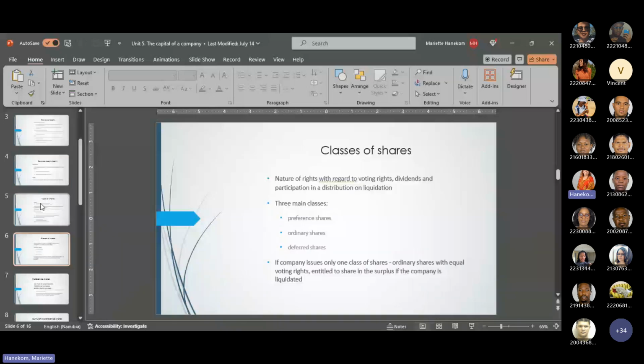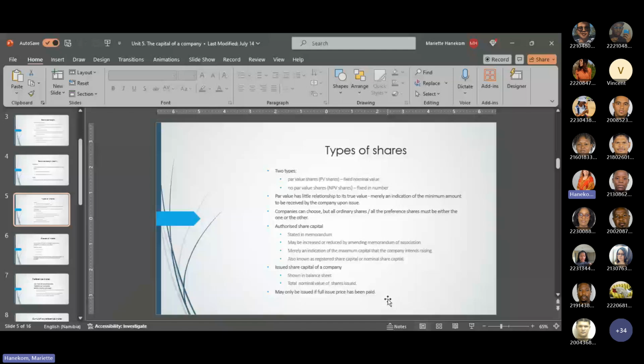The authorized share capital, that is the maximum amount of shares that may be sold by the company. It is contained in the memorandum. The actual amount of those shares that have been issued, you will find in the financials of the company, in the balance sheet.